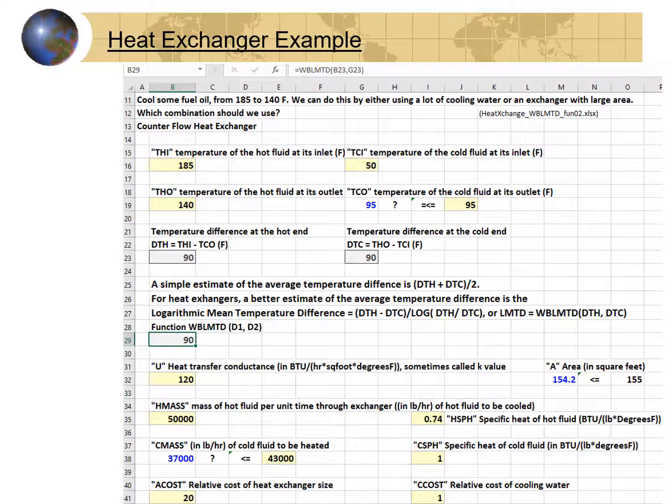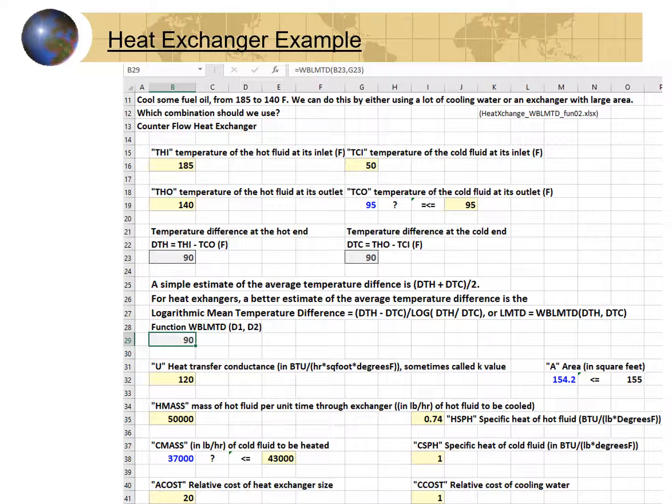And it's based on the temperature difference at the hot end and the temperature difference at the cold end. So once you have that, you can write a complete model for optimizing a heat exchanger system. Here, this example optimizes just the design of one heat exchanger. In a more realistic problem, there may be a network of heat exchangers that you're interested in modeling.